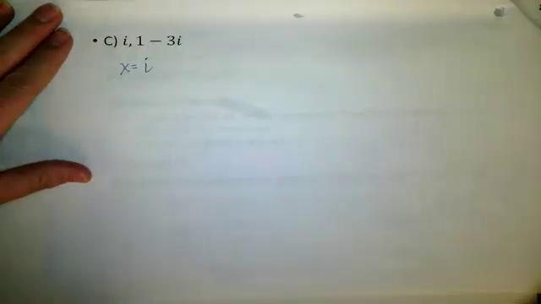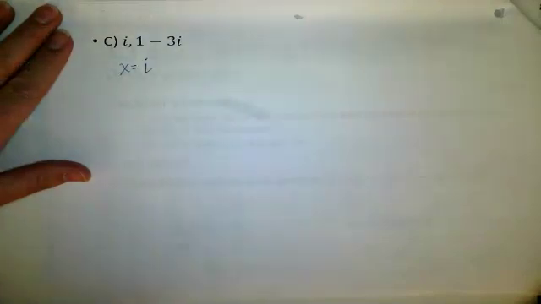Now they get really interesting. They're telling me that x equals i. Is that the only one? No, because they always come in conjugate pairs. It should be plus or minus i.